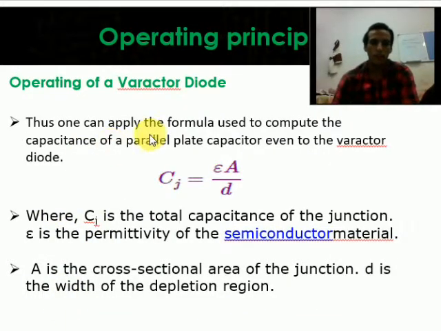Thus, one can apply the formula used to compute the capacitance of a parallel plate capacitor even to the Varactor diode, where Cj is the total capacitance of the junction, epsilon is the permittivity of the semiconductor material, A is the cross-sectional area of the junction, and D is the width of the depletion region.